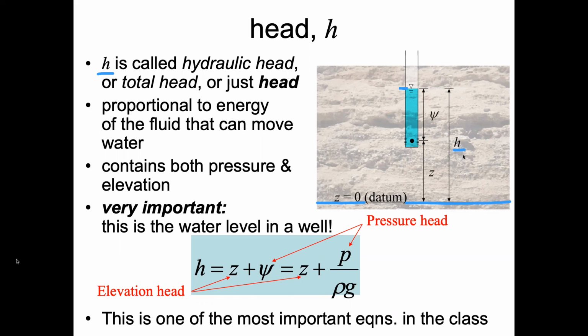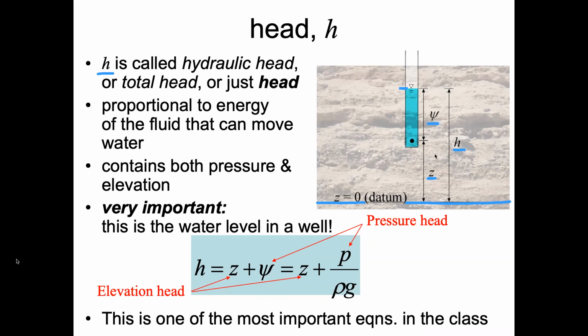Now, that total head is the proportional energy that is allowing the water to move. It is broken down into two key components: the elevational head, Z, and the pressure head.